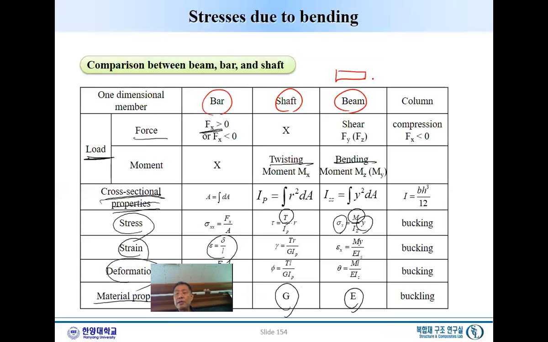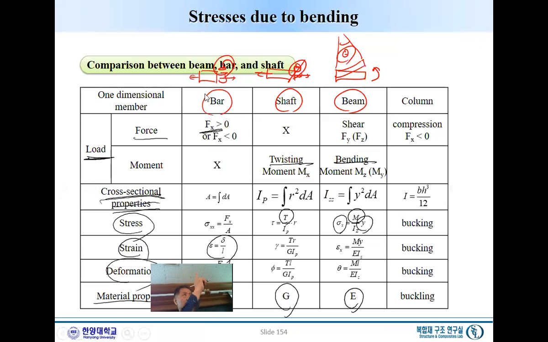Beam is like that, and it will rotate by an angle theta. The shaft, you apply torque, and it rotates by theta. The bar, you apply the force and it extends by delta. So delta, or this we call phi, is the angle of rotation.